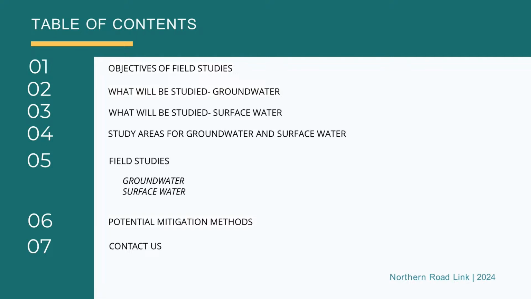We're going to talk about the study areas for both groundwater and surface water. Then we're going to dive into the details of the field studies and then finish up with a discussion of potential mitigation methods, ways of reducing impacts or minimizing impacts or eliminating impacts. And then finally, talk about how you can get in contact with us.